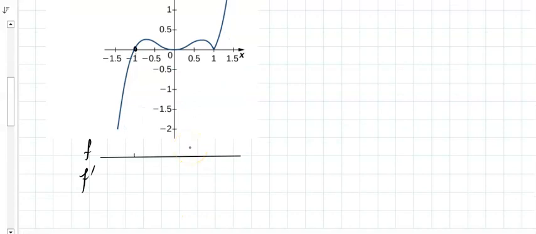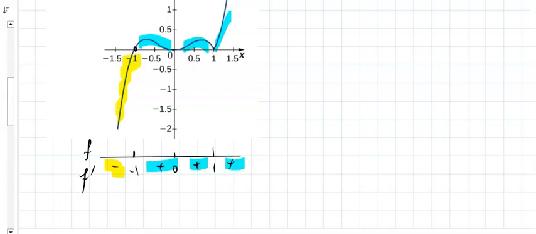It equals 0 at -1, it equals 0 at 0, and it equals 0 at 1. We notice the graph is negative below, and it's positive on all of these intervals. And if f prime is negative, the function is decreasing. If it's positive, it's increasing. And that's pretty much what we have to state.